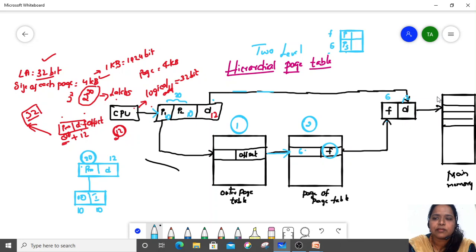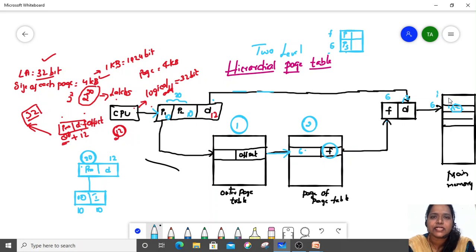So this is the sixth frame. In this sixth frame, I need to go to the 12th position, then I will fetch my data. So this is the hierarchical paging. Why are we going for hierarchical paging? In order to lessen the burden of a single page table, we go for different page tables, so that one page table can handle some instructions and another page table can handle some instructions.